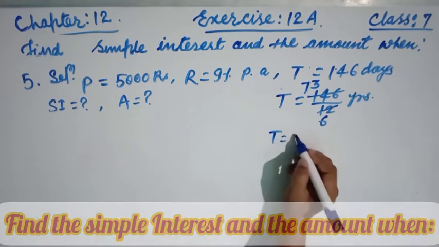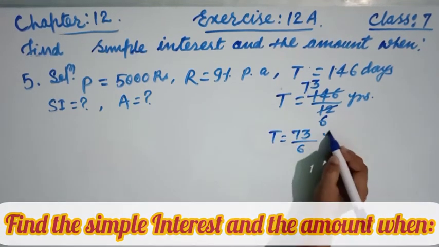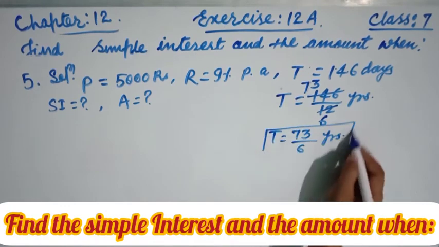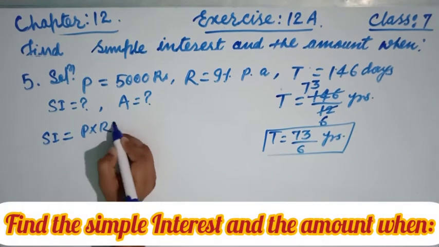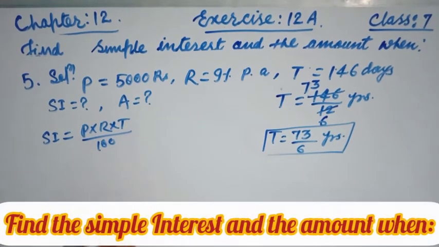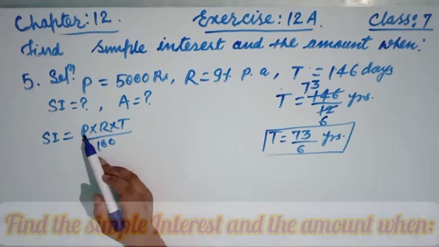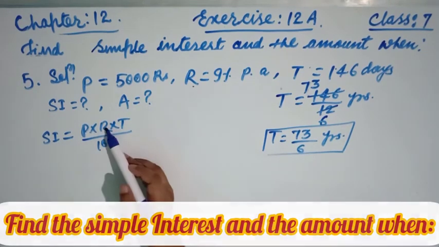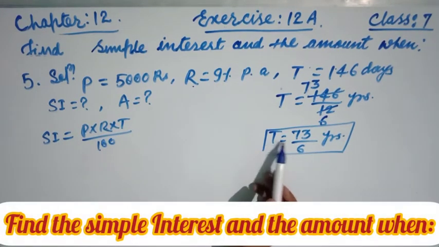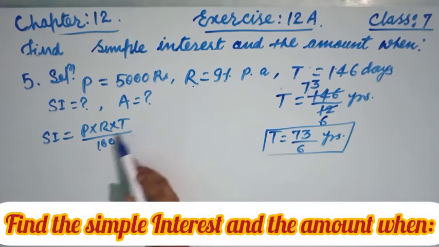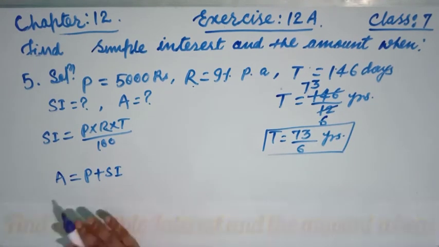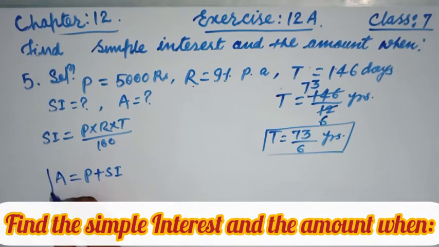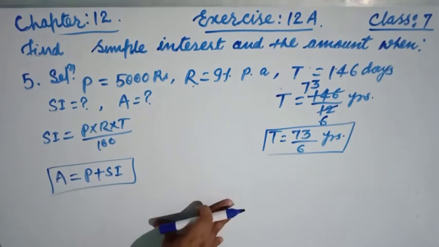So T is equal to 73 divided by 6 years. Now here friends we can apply the formula SI is equal to P into R into T divided by 100. So instead of P we put the value of P, and R is here, and T is 73 by 6 here. Then calculate SI. Afterwards A is equal to P plus SI. So add SI to P becomes amount. I hope friends you can calculate easily. Now see the next one.